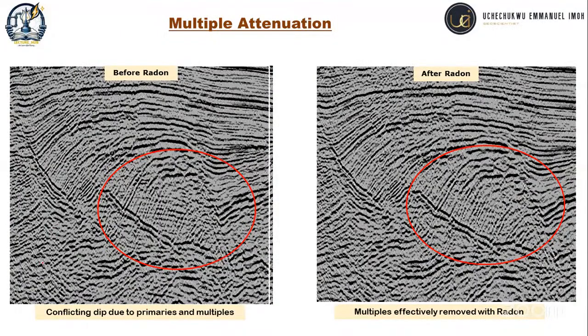For this shot gather, you can see flat events that look like geologic boundaries, but they are not boundaries. They are multiples, mimicking these other events that are above here. If you attenuate them, look at the panel on the right, they are gone. They are no longer there. So that is it for multiples.